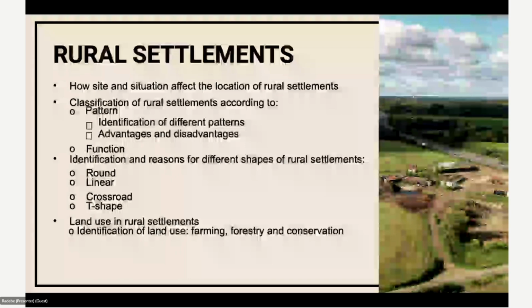So when we explain land use zones to our learners, you say, what is the land used for in a rural area? The land in a rural area is used for farming, for example. So our learners need to understand that most of the land in the rural area is used for farming, forestry, and conservation.